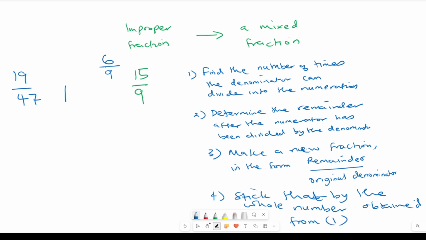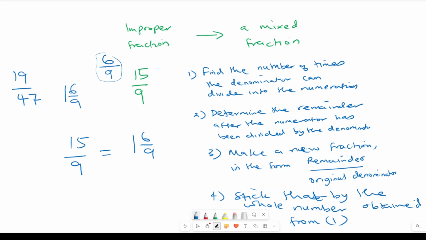Okay, the first step, we try to figure out the number of times the denominator can divide into the numerator, and we find out it is 1. So in the fourth step, we are sticking this new fraction we made by it, so it becomes 1 and 6 over 9. So 15 over 9 can be written as a mixed fraction of one whole number, 6 over 9.